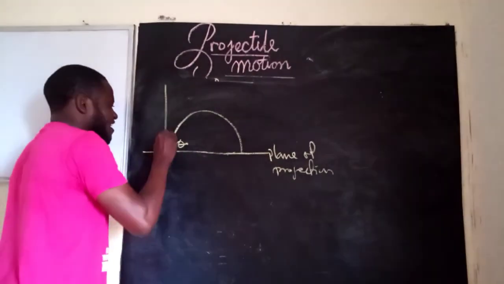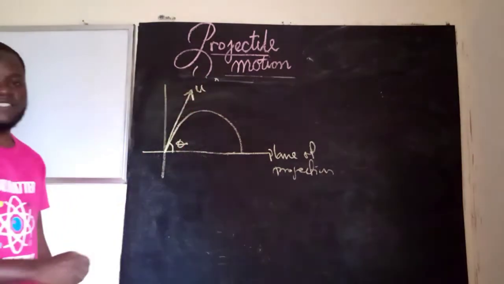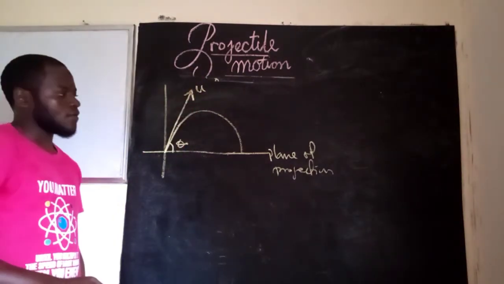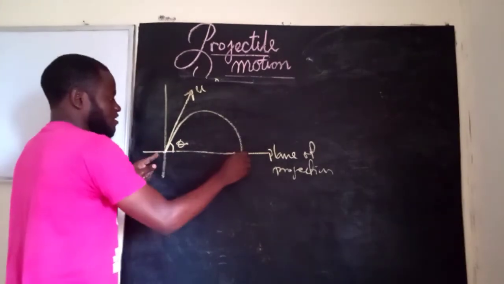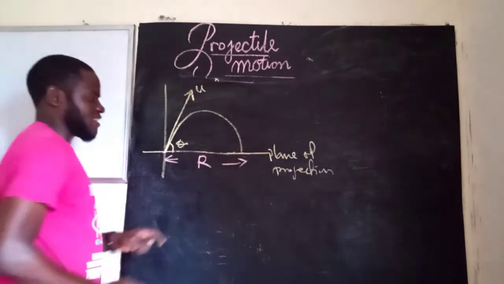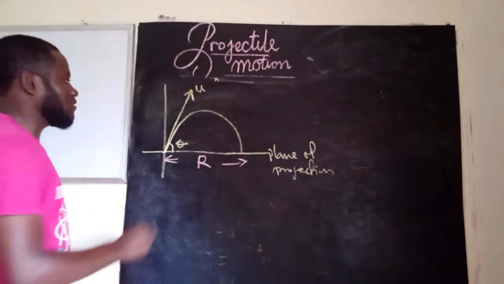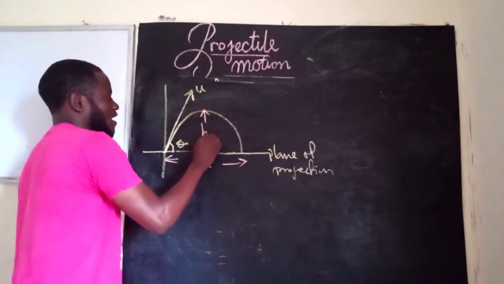And here is the resultant velocity. Now, from here to this point here will be the range, that is the distance covered horizontally, and from here down to this point here will be the maximum height.